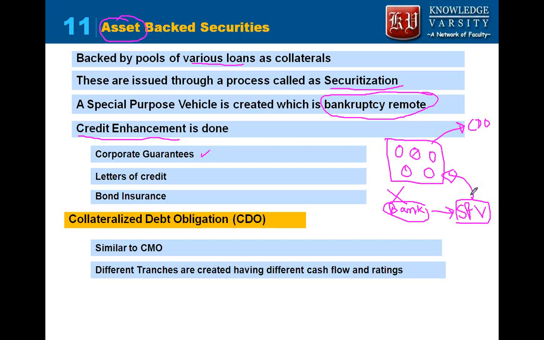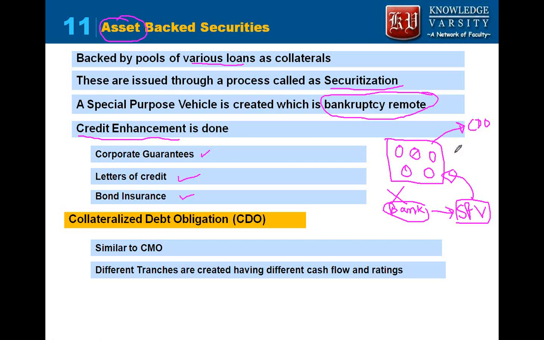As a result, the rating that is received is higher. The credit enhancement can be done through a corporate guarantee, a letter of credit from some other bank, or they can go in for bond insurance. All this is done, the SPV and all this credit enhancement, to make this more attractive to pension funds, etc., because these pension funds invest in only highly rated securities.